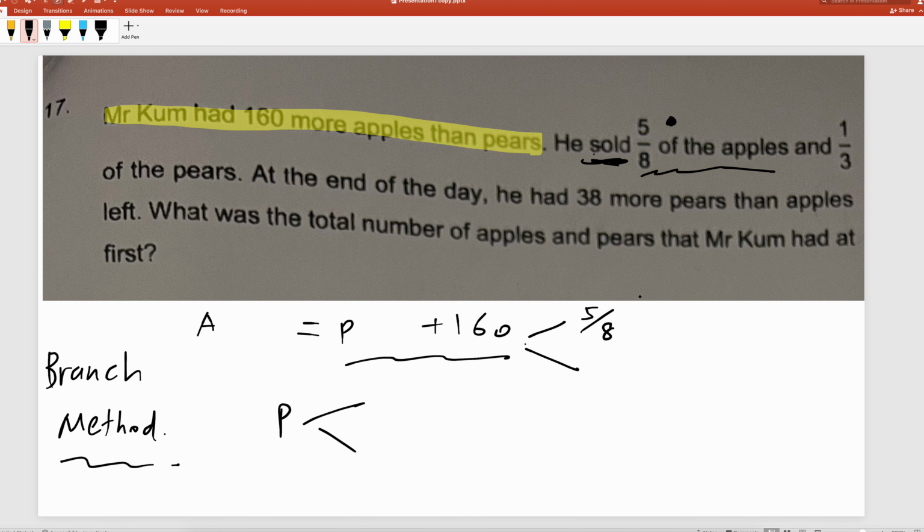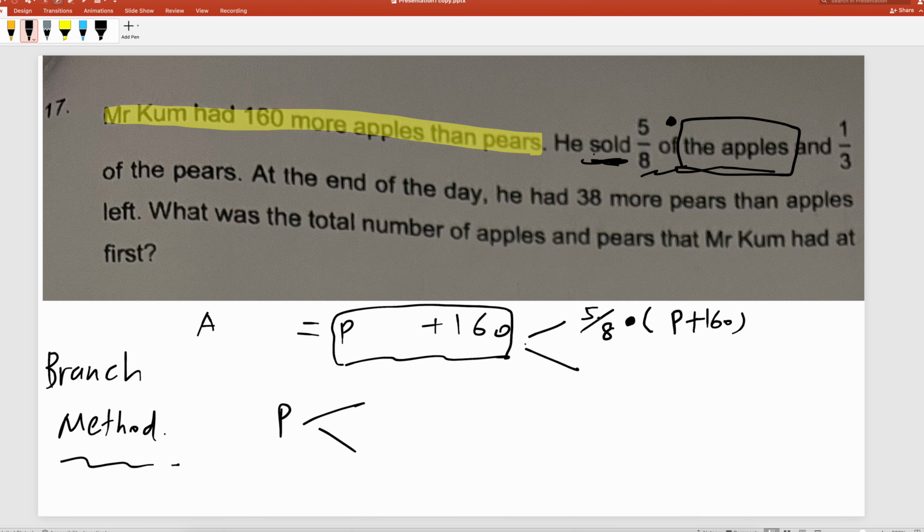So 5/8 of apples means 5/8 times apples. Apples 在哪里？在这里. So I use 5/8 times the whole thing, 这整个. I need to put a bracket by the way.